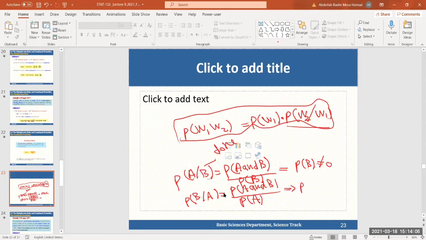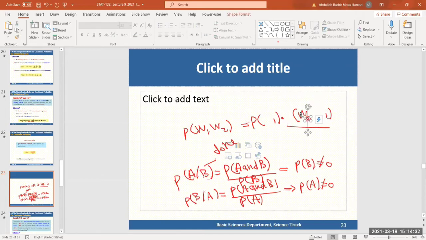Also here, P of A should not be equal to 0. Okay? So now, clear? If clear, we will ask you other questions, a little bit deeper. Exam questions. Clear? Okay, let's move to one question.